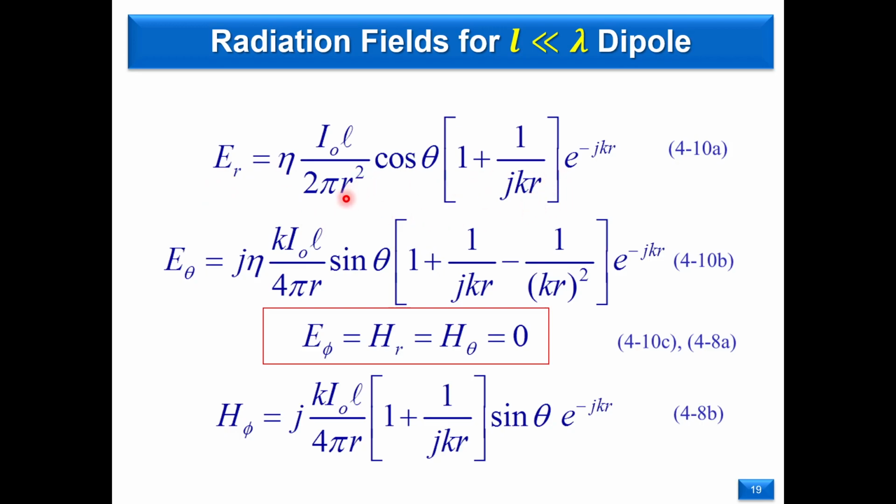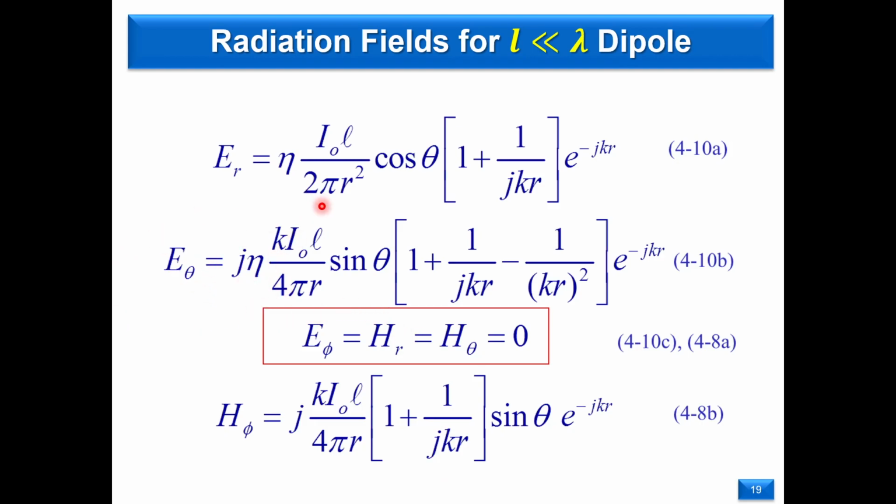So in the far field, E_r depends on 1 over r squared and 1 over r cubed. E_theta depends on 1 over r, 1 over r squared, 1 over r cubed. H_phi depends on 1 over r, 1 over r squared.